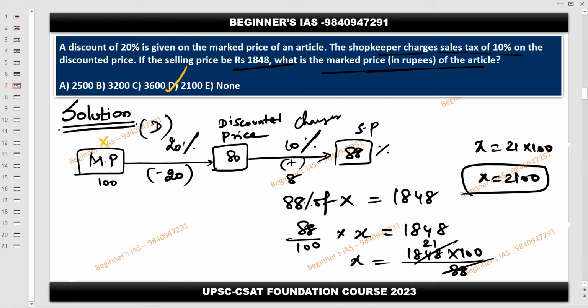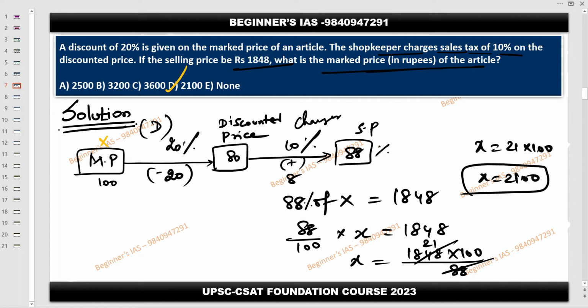88% is nothing but after this much of discount and this much of sales tax, that is going to be the selling price. This selling price is nothing but out of the market price. Understood? Some MRP will be there when you go to the shop. Out of that, they are mentioning 20% discount.